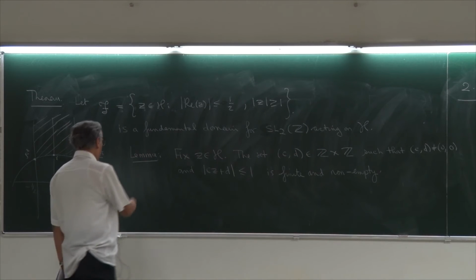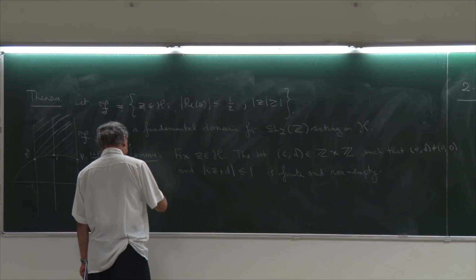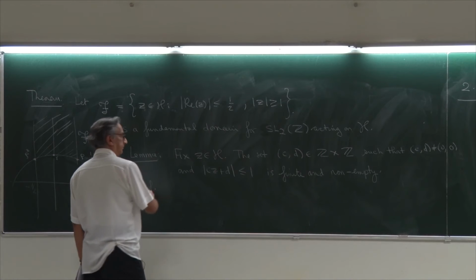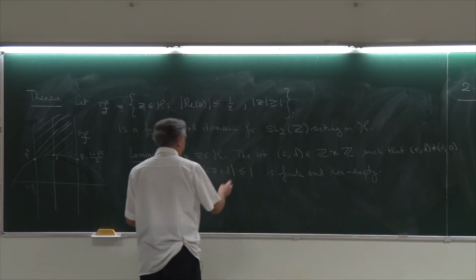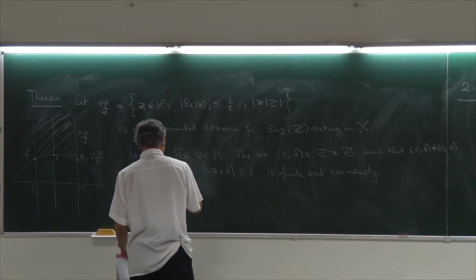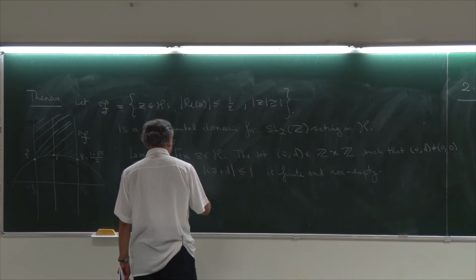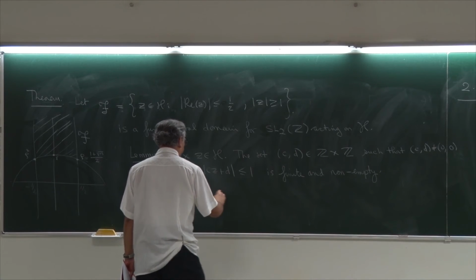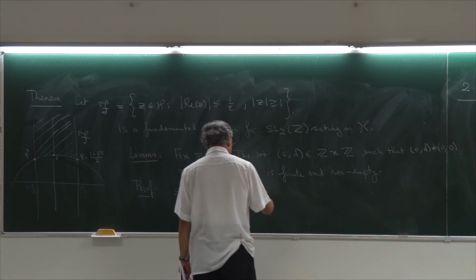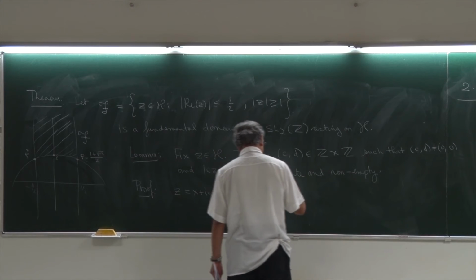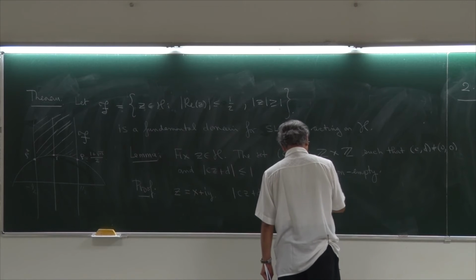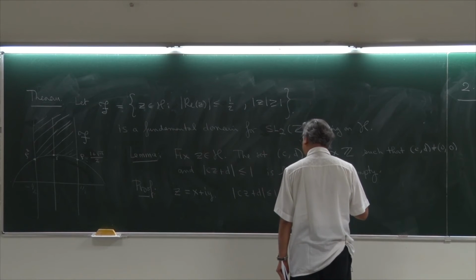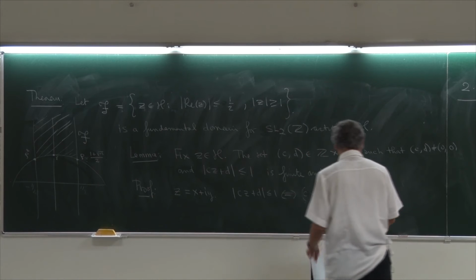Okay, so let's see how to prove this. So the fact that mod cz plus d is less than or equal to 1, so let's write z as x plus iy, is equivalent to (cx plus d) squared plus y squared plus c squared y squared is less than or equal to 1.